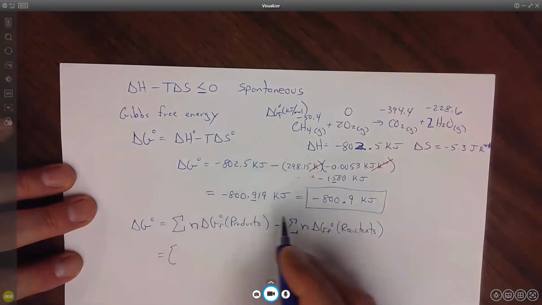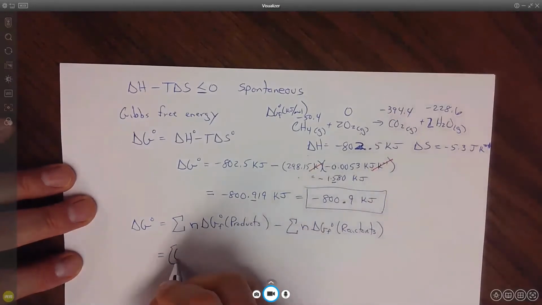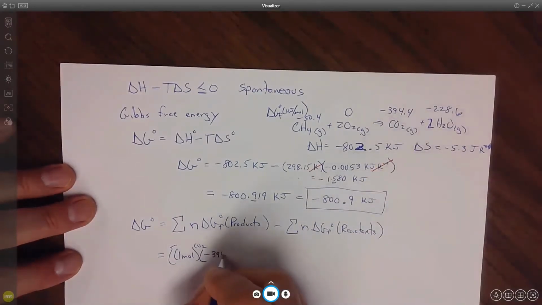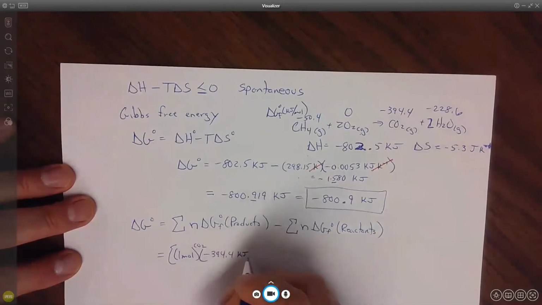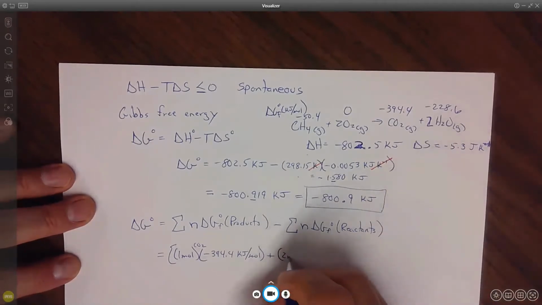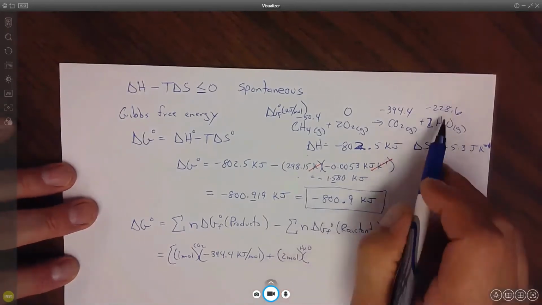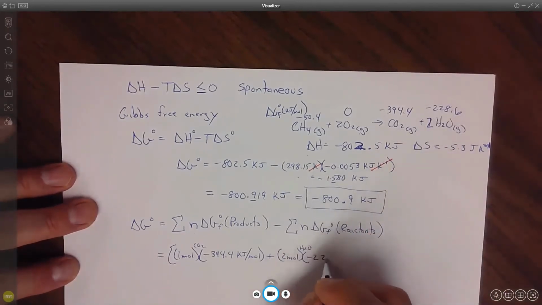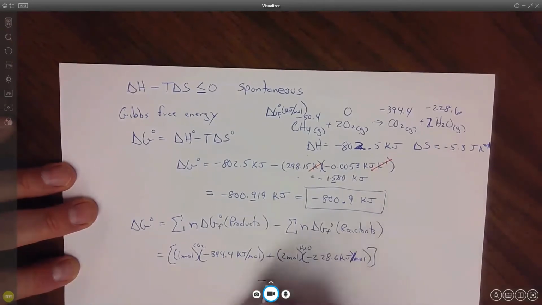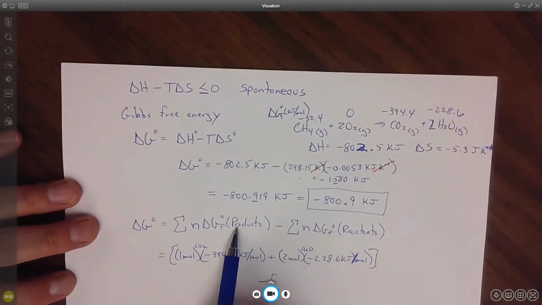So for the products, we had the 1 mole of CO2 at negative 394.4 kilojoules per mole. And then the 2 moles of water at negative 228.6 kilojoules per mole. We'll subtract from that the reactants.